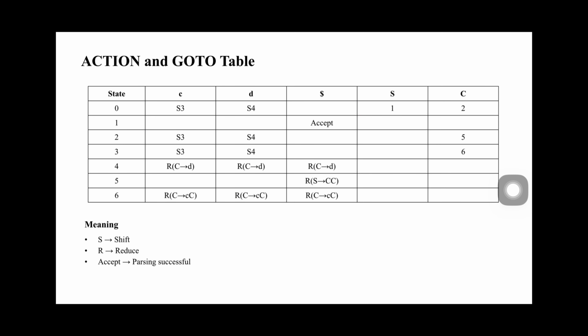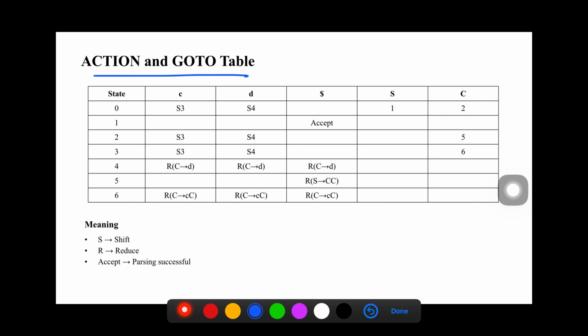The next slide is action and go-to table. This is the table. The action and go-to table guides the parser. The action table contains the four possible actions, that is shift, reduce, accept, error. The go-to table specifies the next state after a reduction.